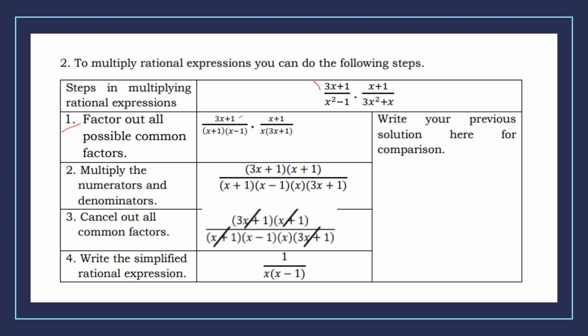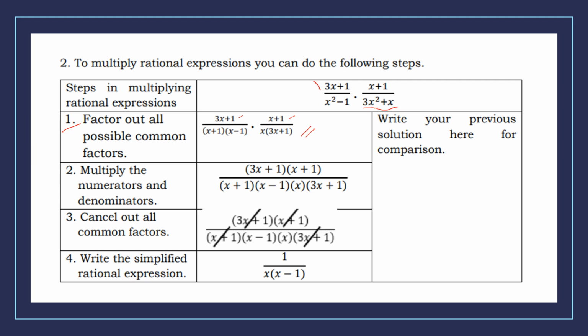The denominator is factorable and its factors are x plus 1 times x minus 1, times, since the operation is to multiply, x plus 1 will be copied, and then the factors of 3x squared plus x by common monomial factor is x times 3x plus 1. We now have the factored form of the given.